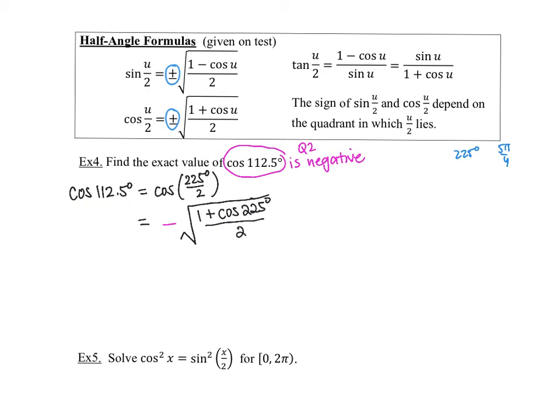Okay, the negative is known. Cosine of 225 degrees, remember that's 5 pi over 4. So 1 plus the cosine of 5 pi over 4, which is negative root 2 over 2. The whole thing is over 2.